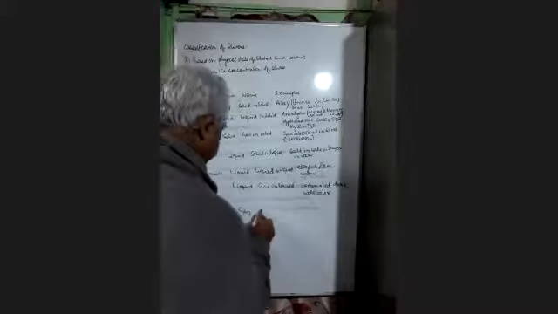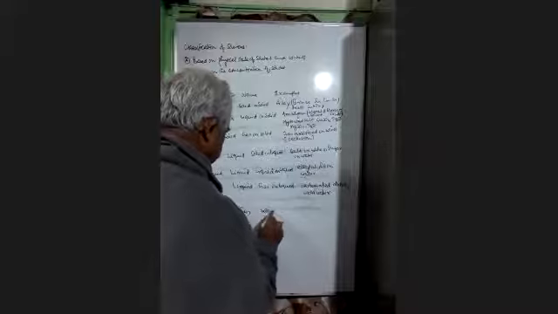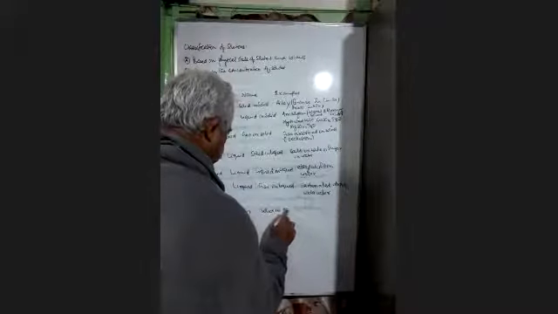So we call it solid in gas. So what can we say now here? See, have you used naphthalene in your house? Yes, sir. What happens to the naphthalene after a few days?